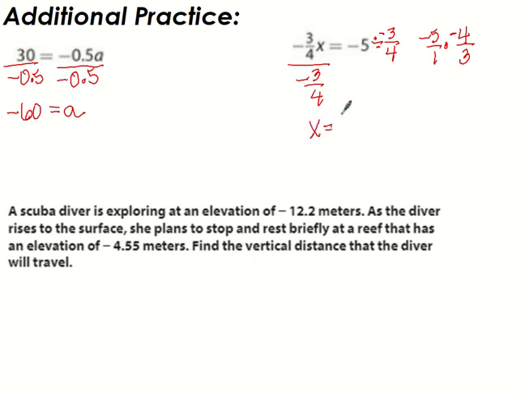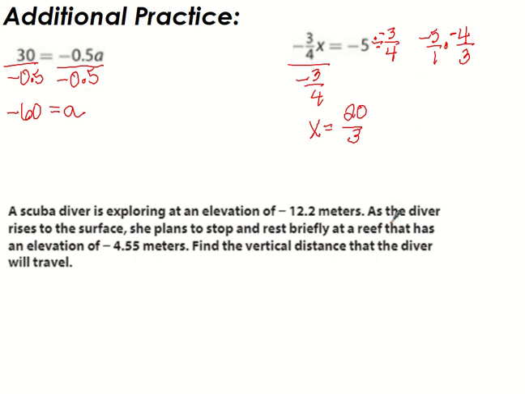So we would get positive, I apologize, positive 20, right? A negative times a negative is a positive. There we go. 20 over 3, and we can actually just leave it like that because I don't need to worry about getting it in decimal form unless it asks me to. All right, so negative times a negative is a positive, and 5 times 4 is 20, and then 1 times 3.